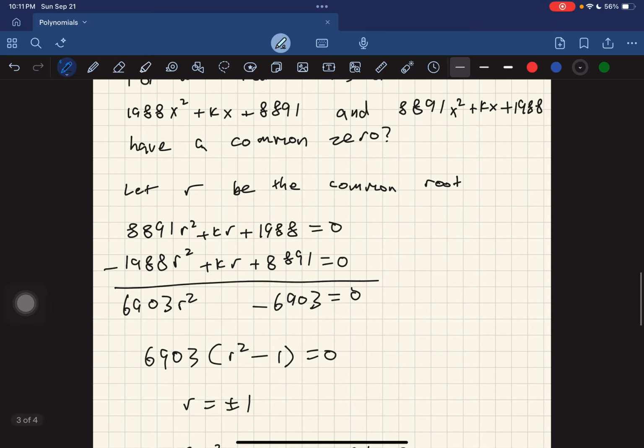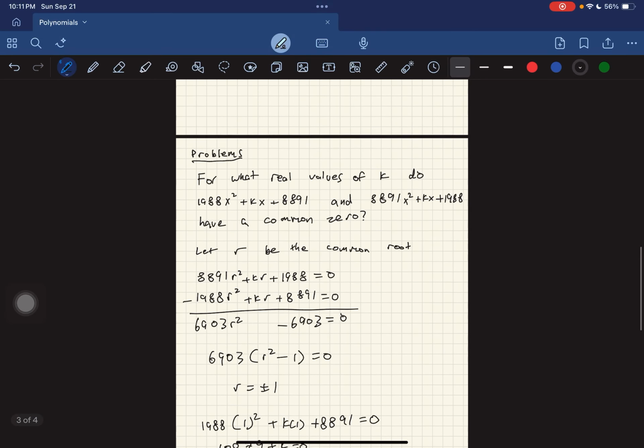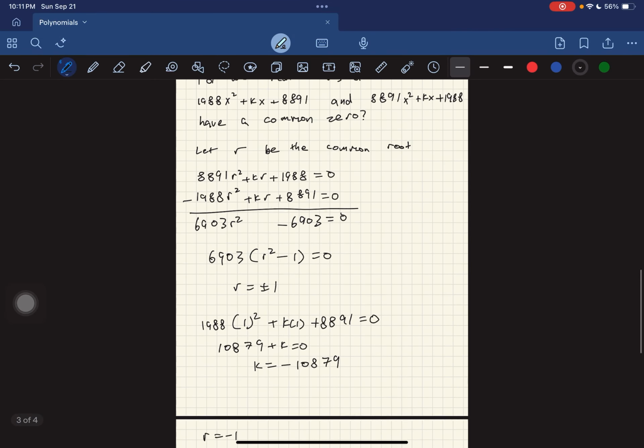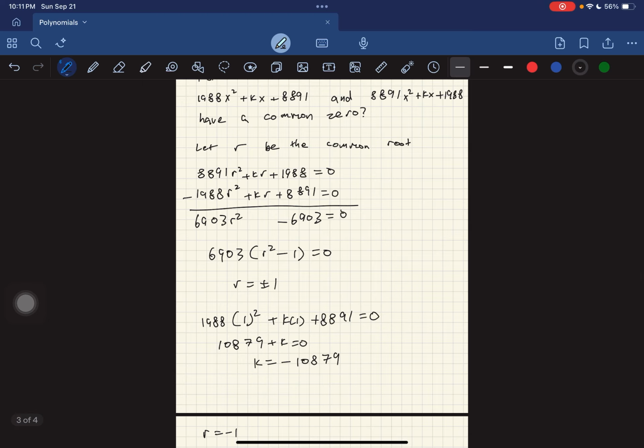Now there is another way that we could have got to the solution, although it is a little more tedious.